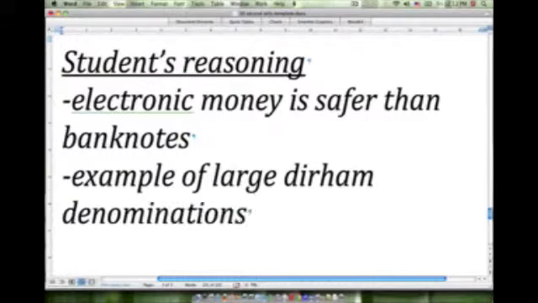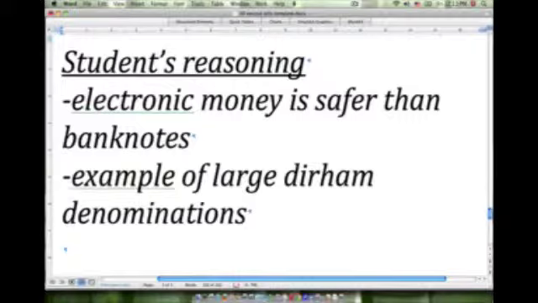They mention that the dirham is available in a unit of 1,000, which, they stated in US dollars, is over 250 US dollars. Most people would agree that's a pretty large denomination of paper money. So they give this example and they say that this is perhaps not a very safe way to carry money.